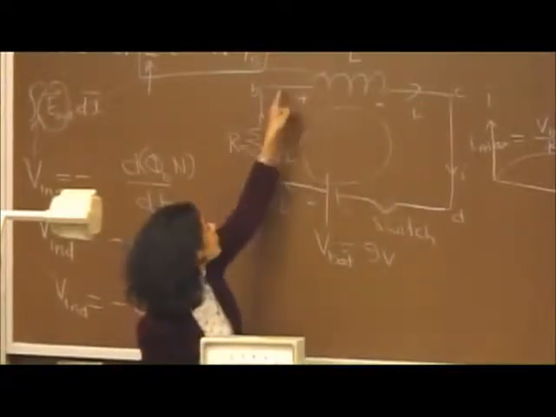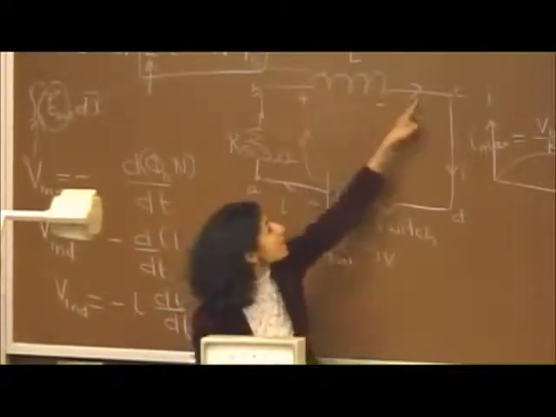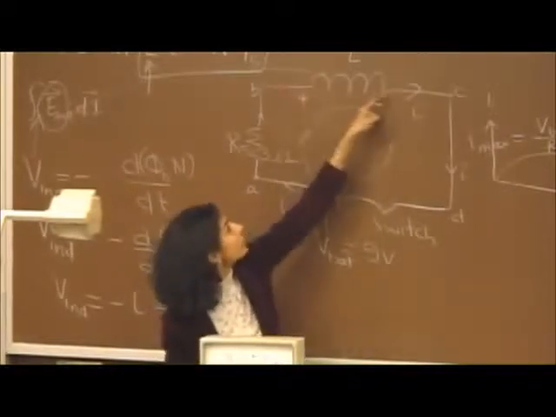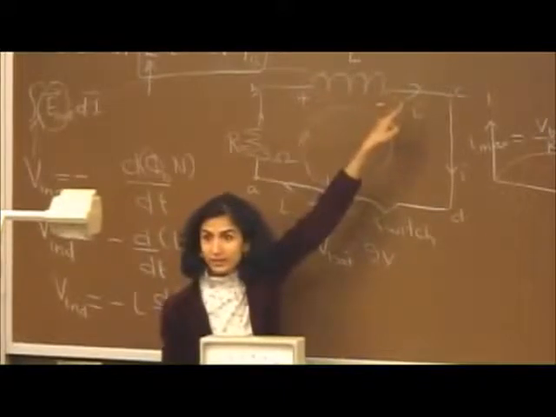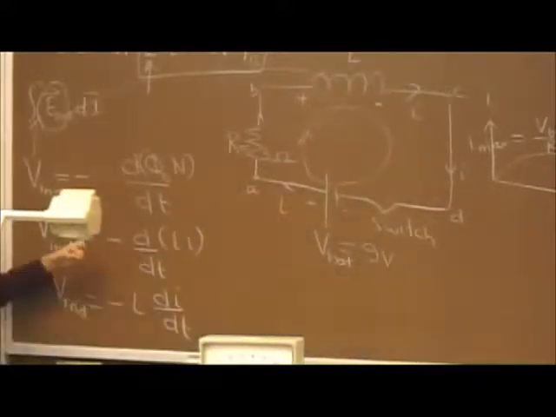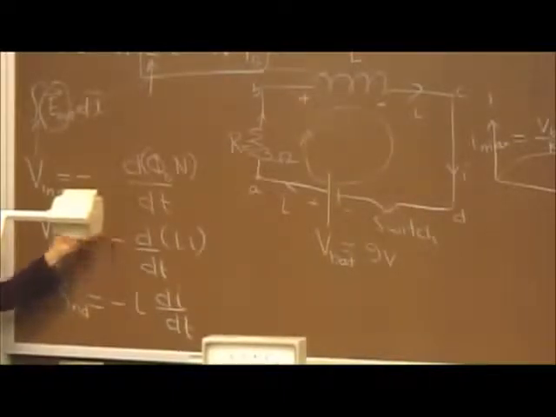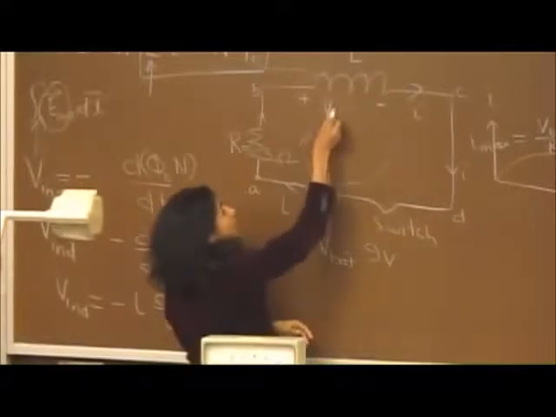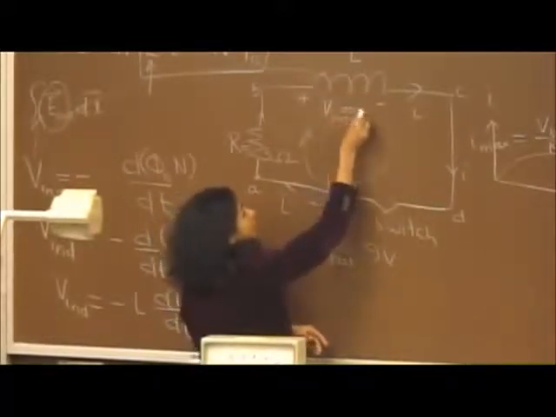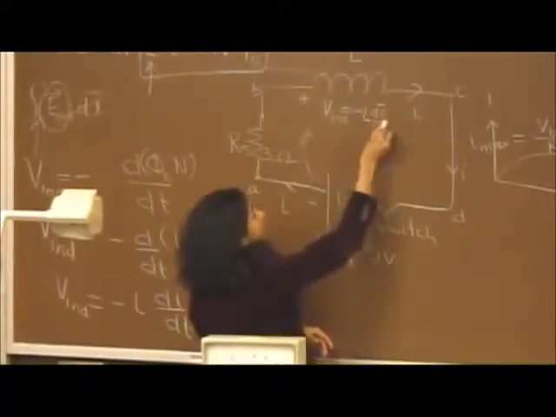So if you go from B to C, do you see that there is a drop, because you're going from positive to negative. And in fact, you can see it from this negative sign that comes from Lenz's law. V induced here should be negative.